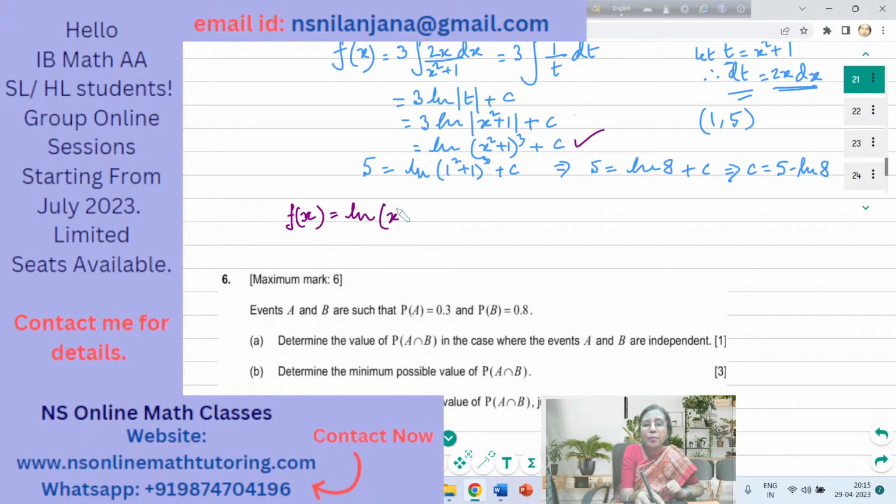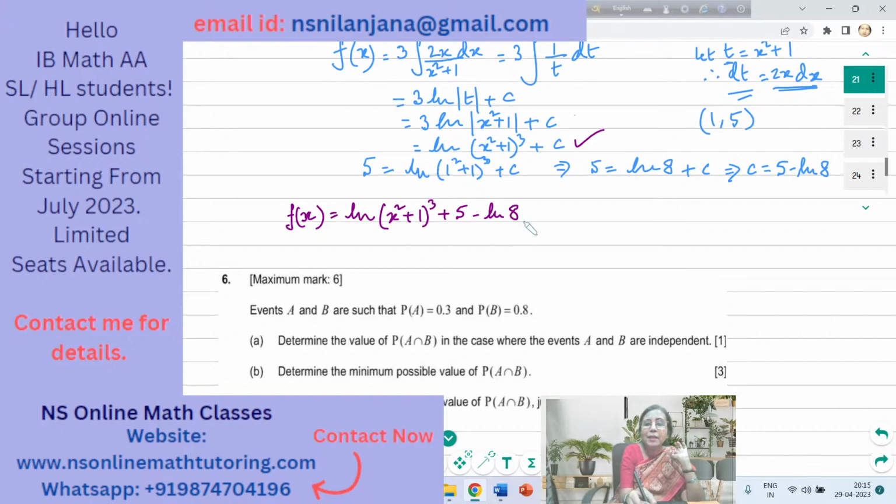This is ln of (x squared plus 1) to the power of 3 plus 5 minus ln of 8. Now 8 can be written as 2 to the power of 3.